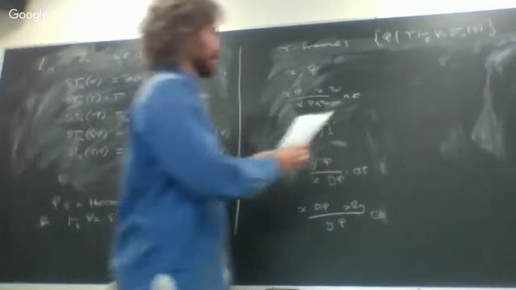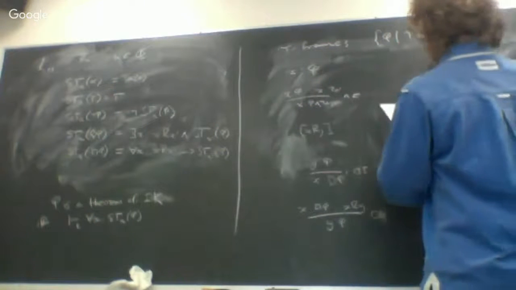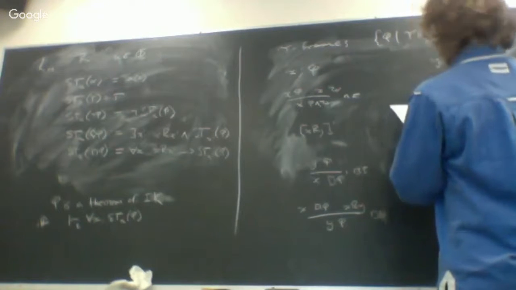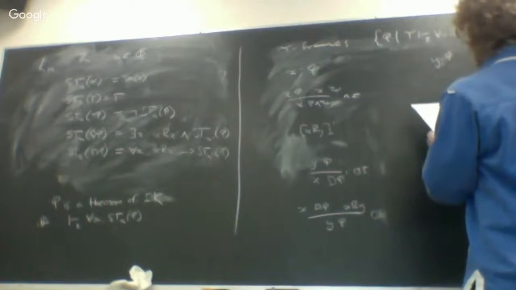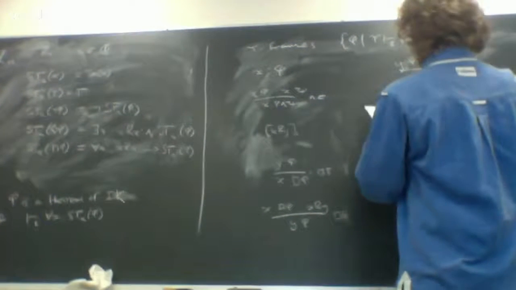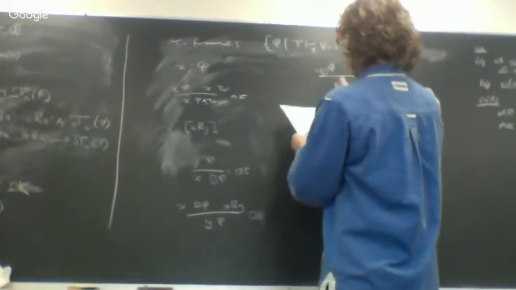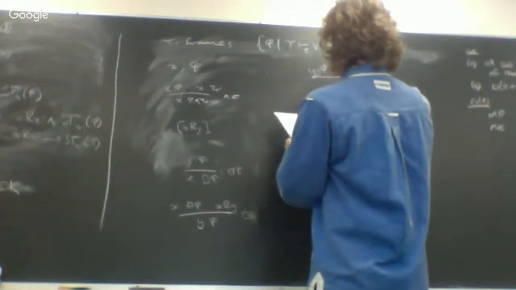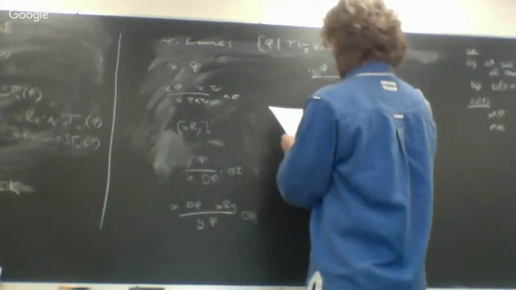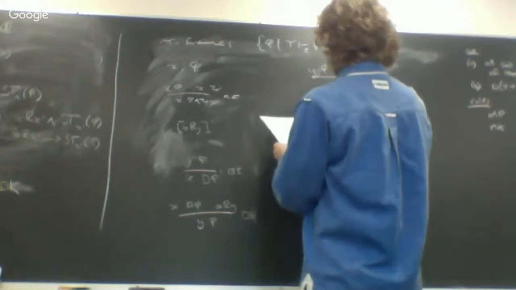I'll just write down the rules for diamond. You should be able to parse them, given that we've gone through the case for box, and then the elimination rule.